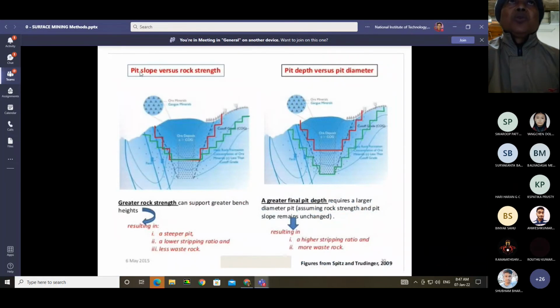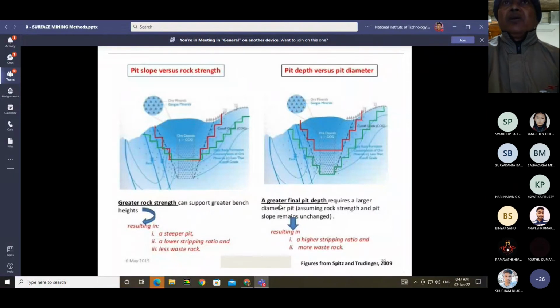This is the pit slope versus the rock strength. Greater rock strength means you can support greater bench height. If the strength of the rock is more, it can support greater bench heights, resulting in a steeper pit, a lower stripping ratio, and less waste rock handling.